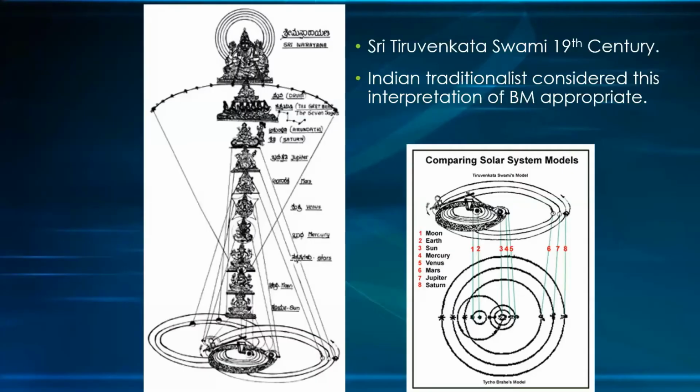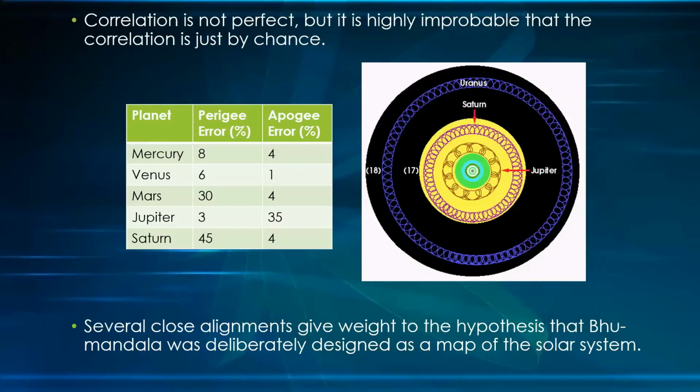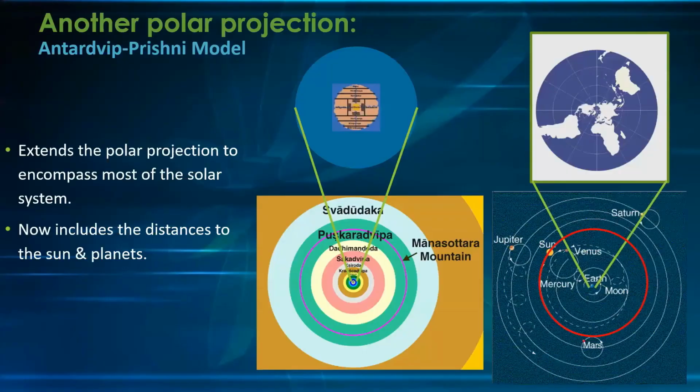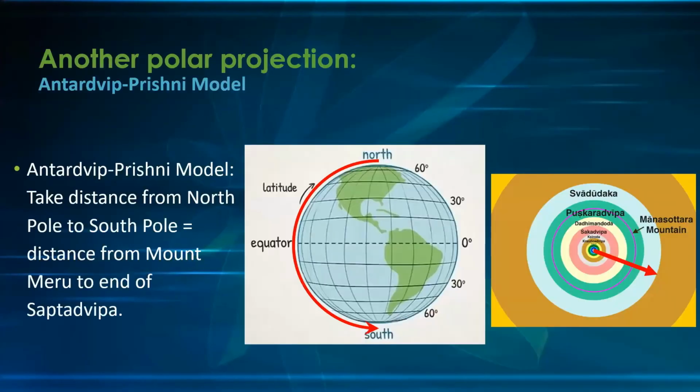Definitely. If you noticed, I looked at two ways in which we could do it, and it was all based on defining how you want to correlate the planisphere of the Earth with Bhu-Mandala. Here I said, let me take the distance from the North Pole to the South Pole to be the distance between Mount Meru and the edge of Saptadvip.